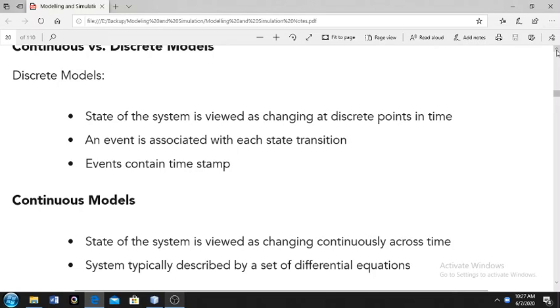But in a discrete model, we are just interested to see changes at discrete points. So it is why most business simulations are discrete, because you see, like the simulation I ran, the first in the second video, that one is an example of a discrete simulation. Why?